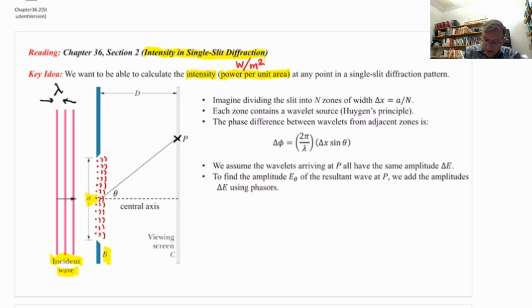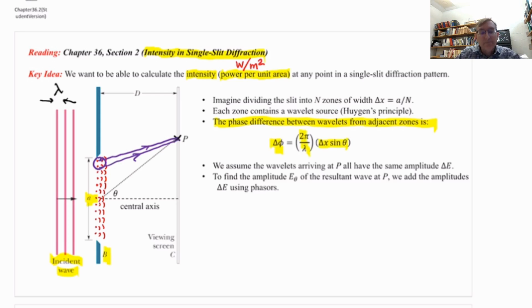Now, the phase difference between wavelets from adjacent zones, so maybe these two, for example, at the point P, right? So there's a ray, and there's a ray, nearly parallel. The phase difference between those wavelets from adjacent zones arises because they traveled slightly different distances to get to point P. So the phase difference, we'll call it delta phi, between those two wavelets is 2 pi over the wavelength times the path length difference for those two wavelets.